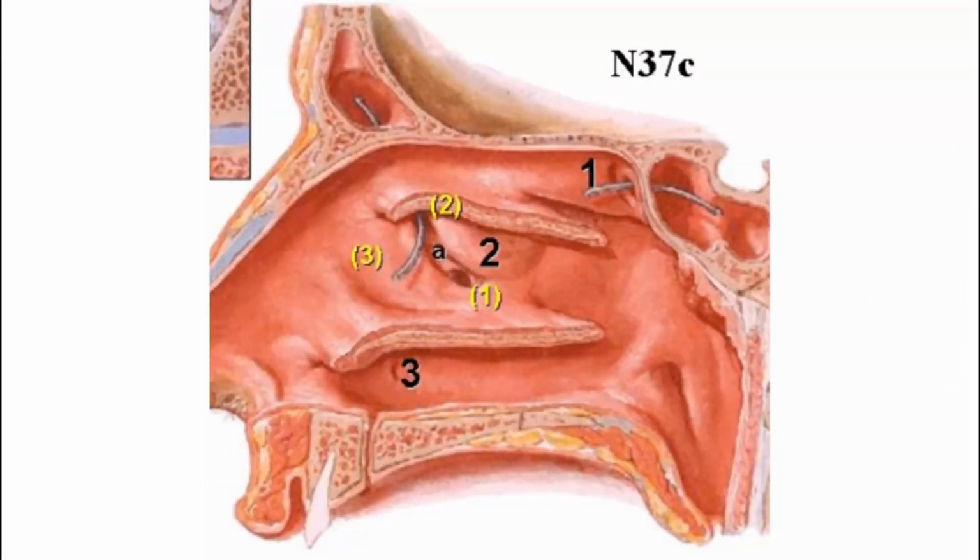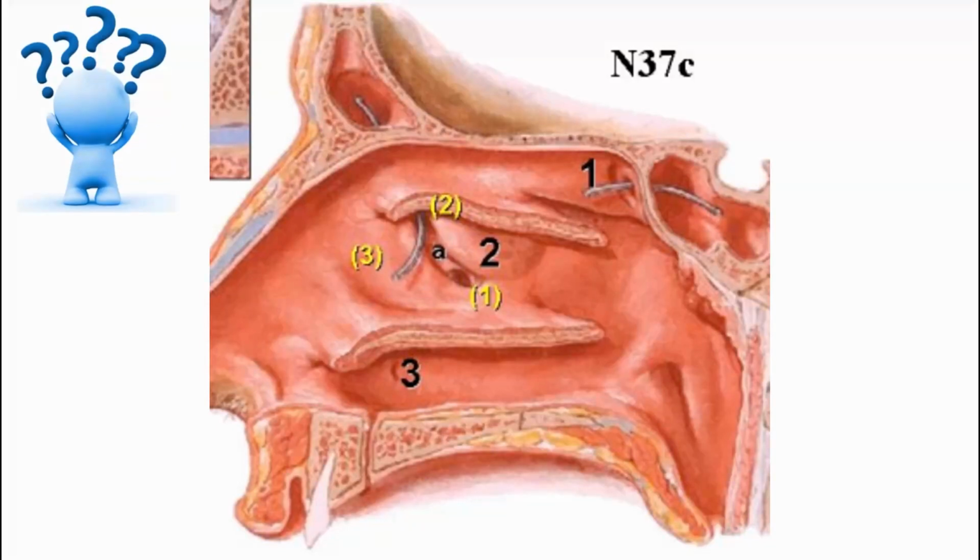What is this view? This is still the lateral wall of a nasal cavity, and what is different about this view is that the middle and inferior conchae have been cut and removed. Why is this done?